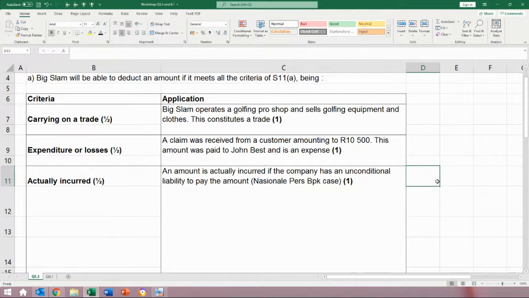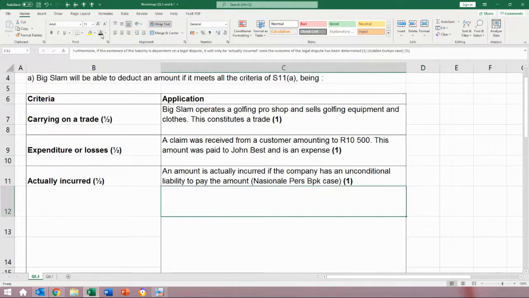Then we have to say, okay, but let's now look at when was it actually incurred. We had a dispute because that claim resulted in a dispute resulting in the injury. So normally when we have a dispute, the Golden Dumps court case says that once the outcome of the dispute has been determined, that is when it's actually incurred.